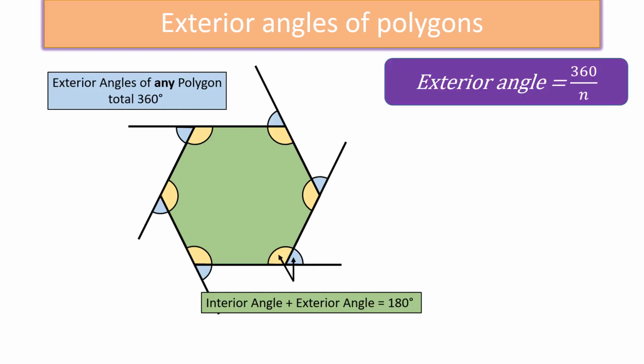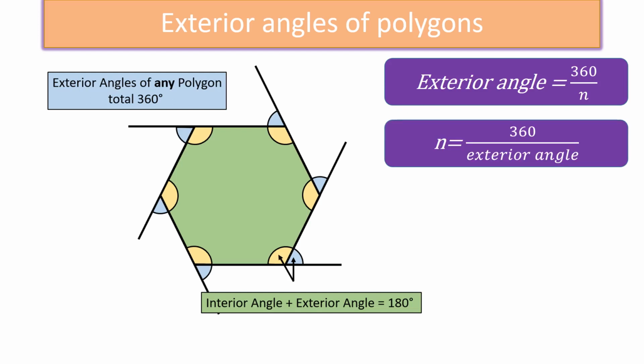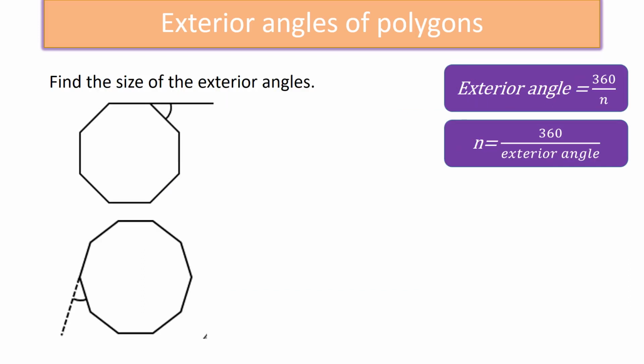If I divide the sum of all the exterior angles by the number of sides, which is the same as the number of angles, I will get the size of one exterior angle. I can use the same logic: if I divide 360 degrees by the size of one exterior angle, then I will get the number of sides. So let's have a look at how it works on specific examples.